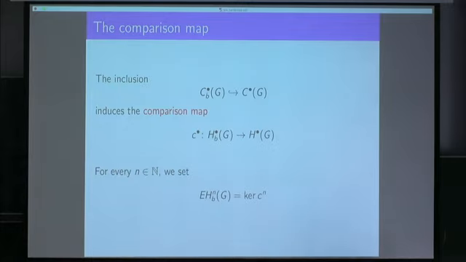The kernel of the comparison map is denoted by this symbol, where E stands for exact. This is the exact bounded cohomology, meaning that elements here are just those classes which admit a primitive, possibly unbounded. Okay, this is why they are called exact classes.